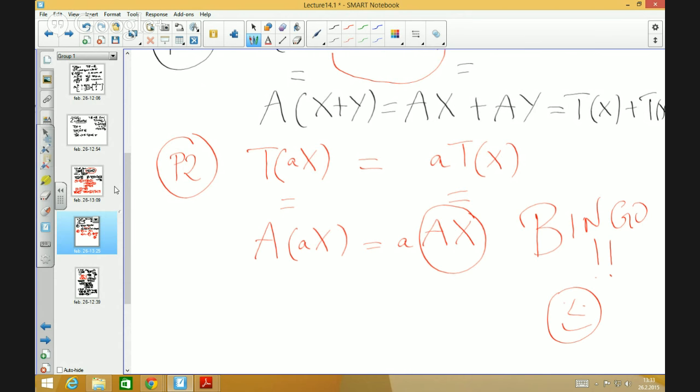So every linear transformation is a matrix transformation. And you can actually figure out what the matrix is in n easy steps, where n is the size of the dimension of the R to the n that you choose to start with.